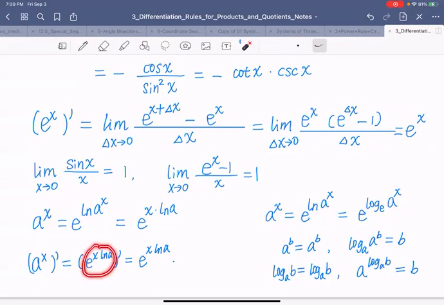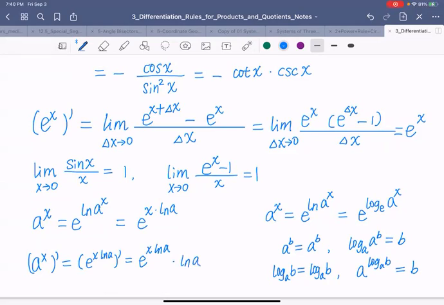We do this whole package, copy down, times this guy's derivative is who? Ln a is your coefficient, just like 5x's derivative is 5, right? So you times ln a.